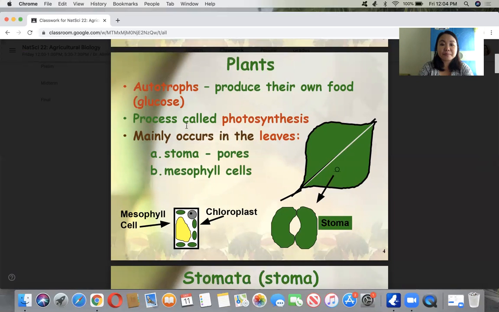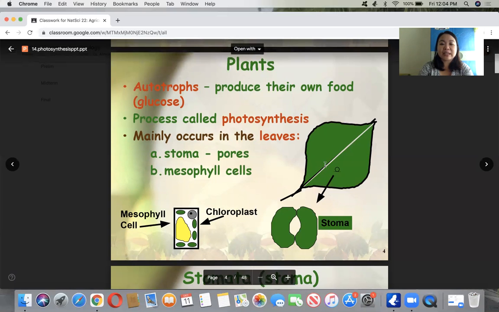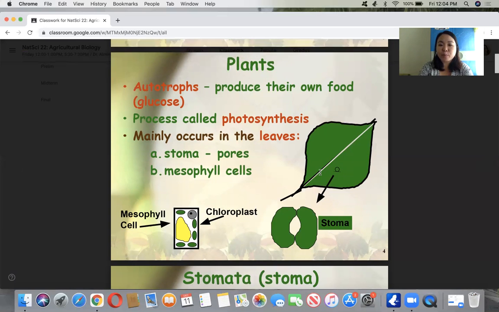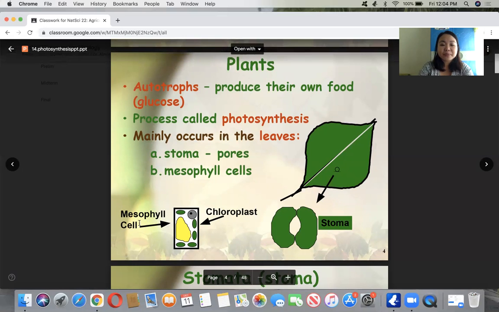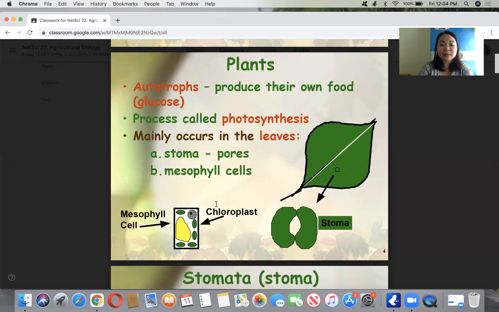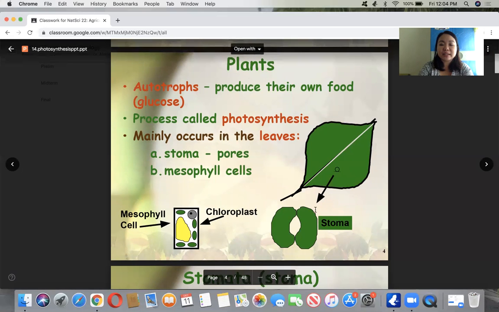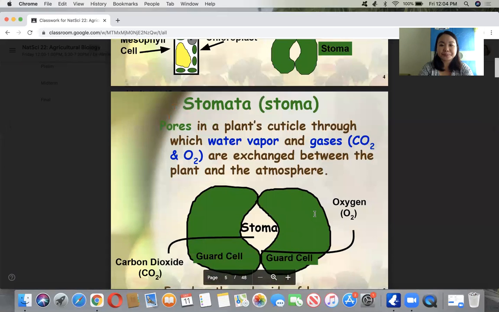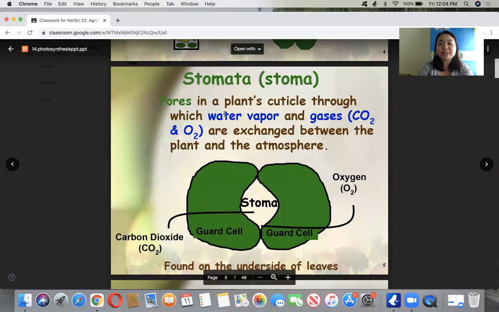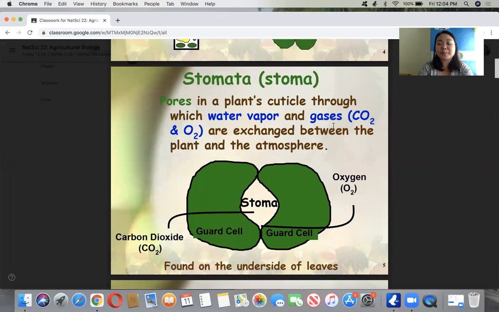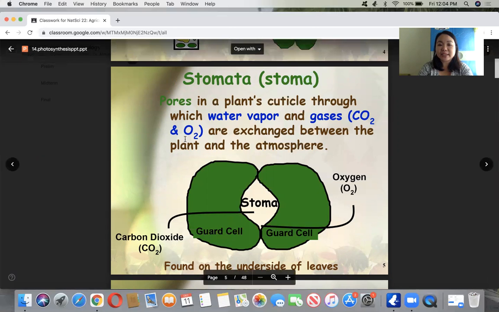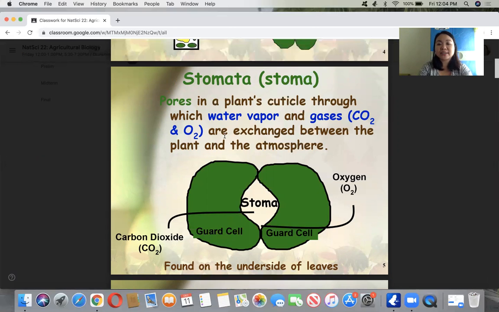This process is called photosynthesis, which mainly occurs in the leaves, in the stomata pores and mesophyll cells. In the mesophyll cell, chloroplasts are located, and this is the stoma or stomata, the pores in a plant's cuticle through which water vapor and gases, carbon dioxide and oxygen, are exchanged between the plant and the atmosphere.